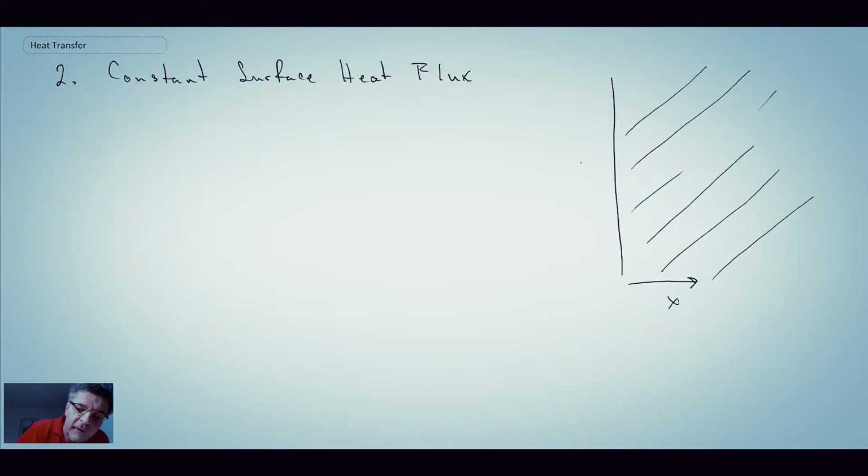Now, if we know the heat flux on the surface, Qx, what that is saying is that we know the slope of the temperature on the surface.